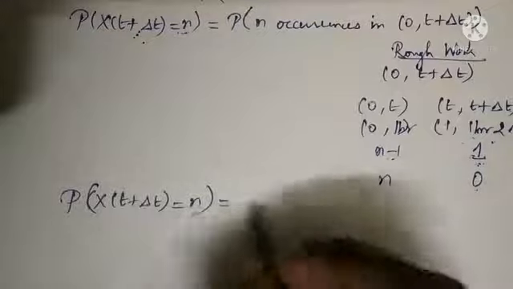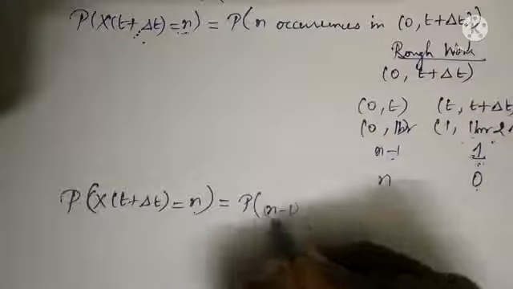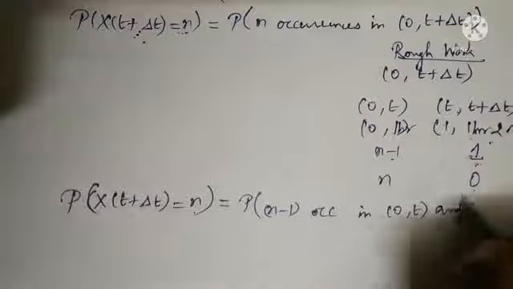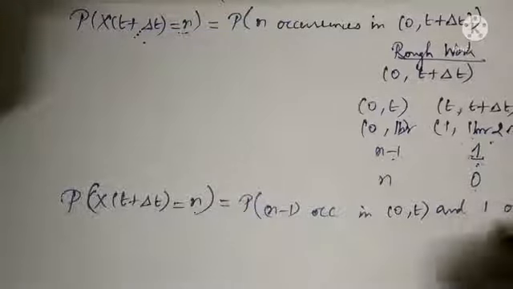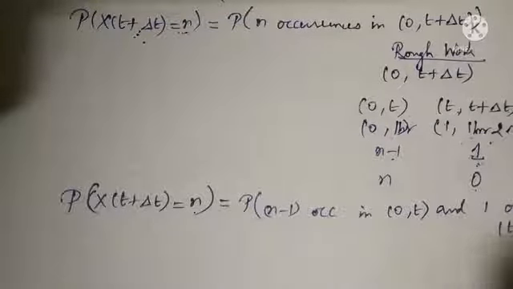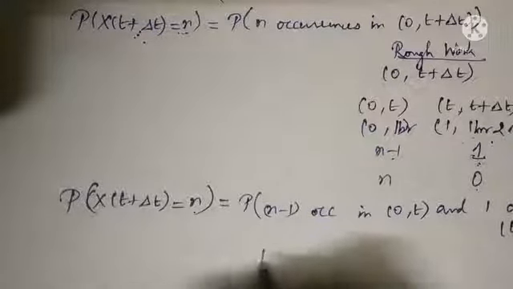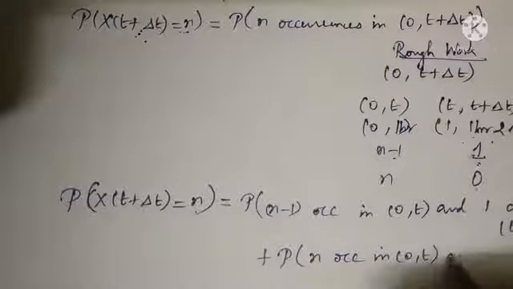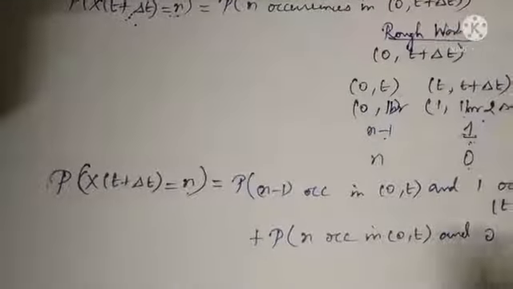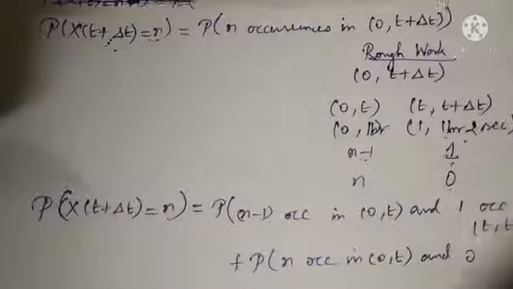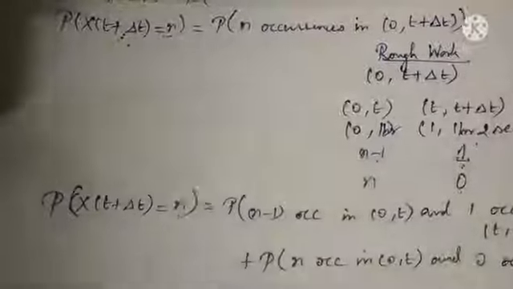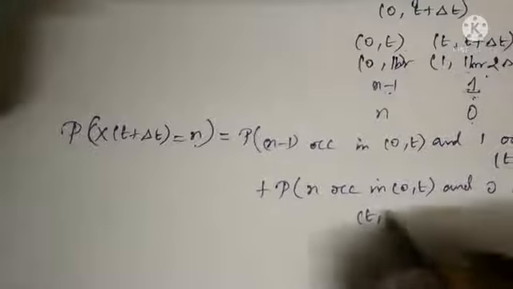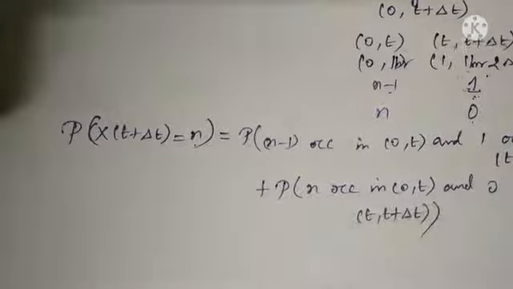The n occurrences become the probability of n minus 1 occurrences in the interval 0, t and 1 occurrence in the interval t, t plus delta t, or the probability of n occurrences in the interval 0, t and 0 occurrences in the interval t, t plus delta t.